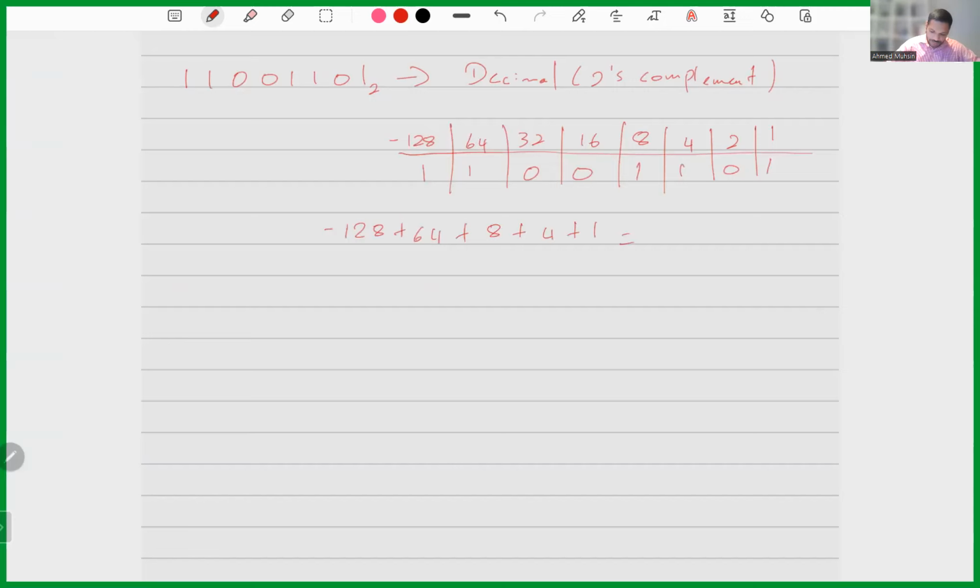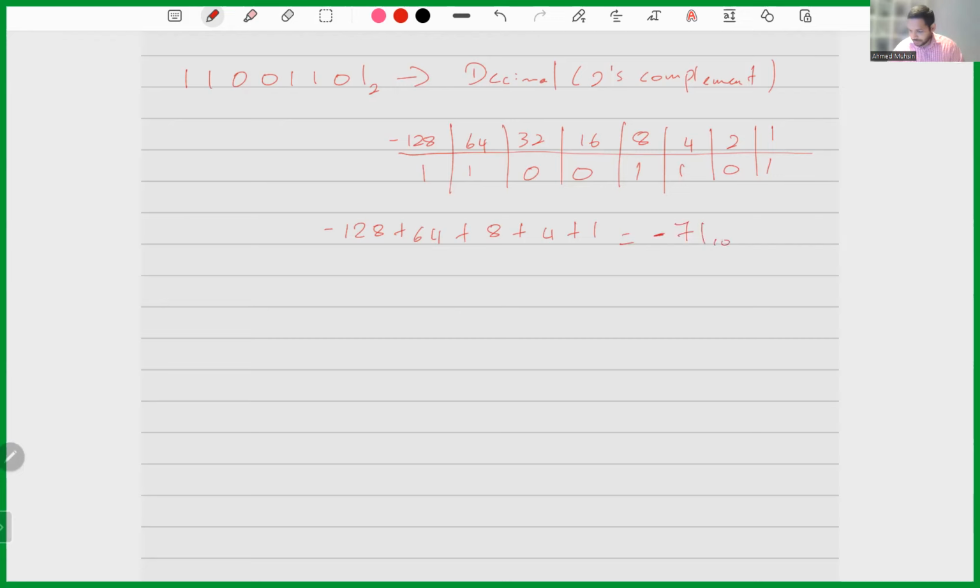If you were to do this, minus 128 plus 64, I'm doing it mentally, it will become minus 64, then plus 8 becomes minus 56, plus 4 becomes minus 52, and plus 1 will become minus 51.